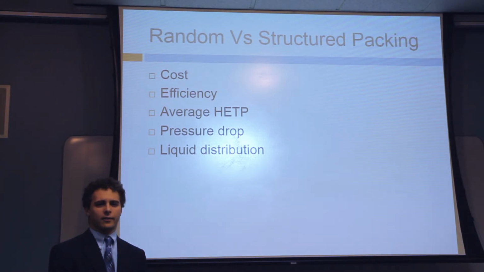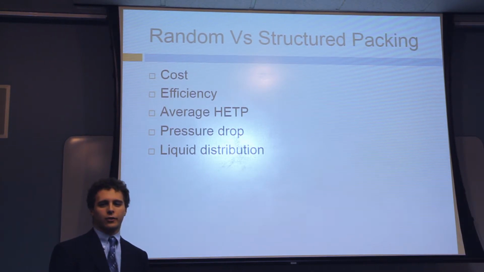HETP is another advantage of structured packing because structured packing tends to have shorter HETPs, making it easier to fit more stages of structured packing into a column of a specified height. Pressure drop, as mentioned before, is a consideration for vacuum distillation, and structured packing provides lower pressure drops per stage than random packing does.